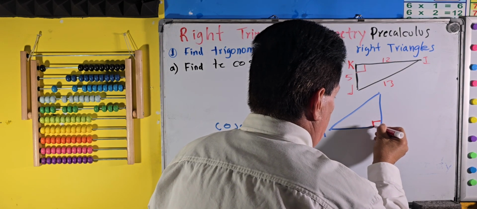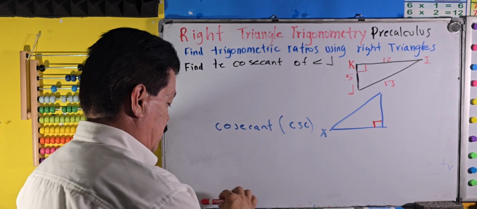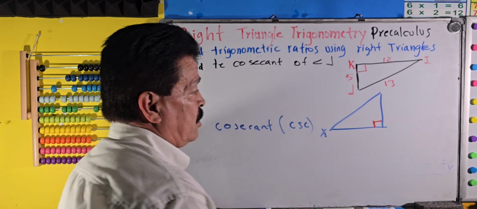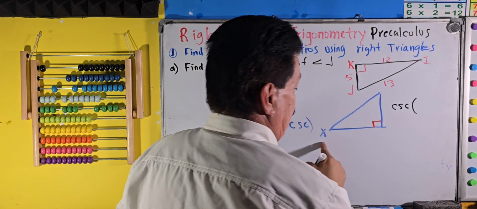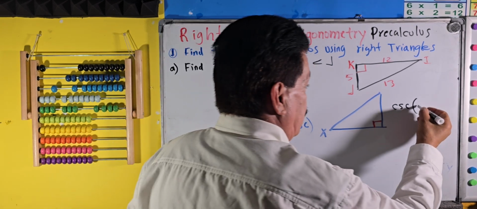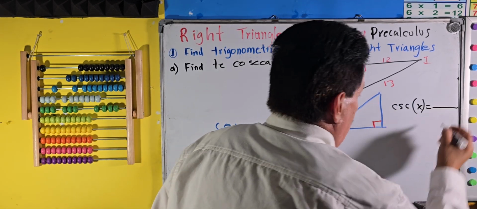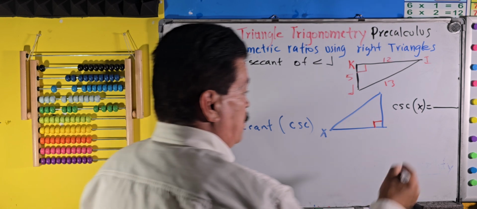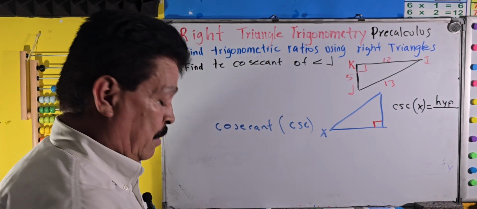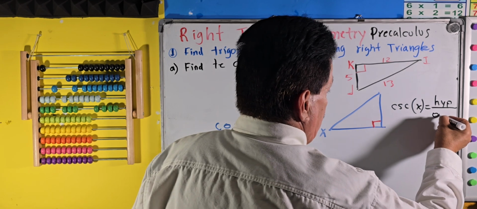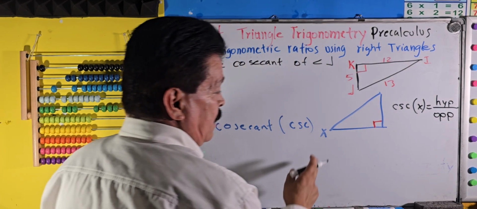This is a right angle right there. And then cosecant of x is equal to, when you divide it, hypotenuse divided by opposite. So what is a hypotenuse?